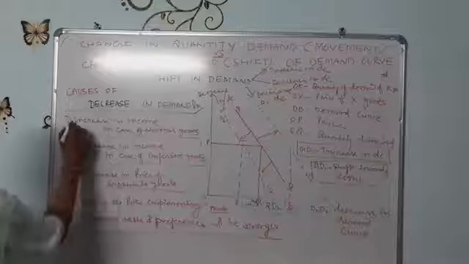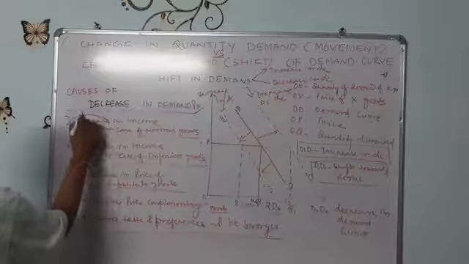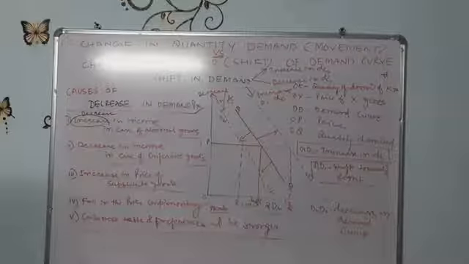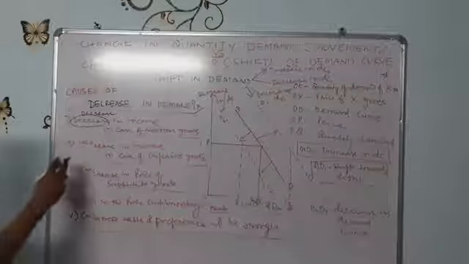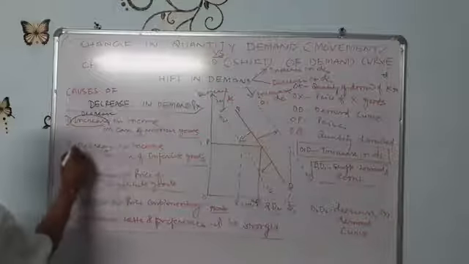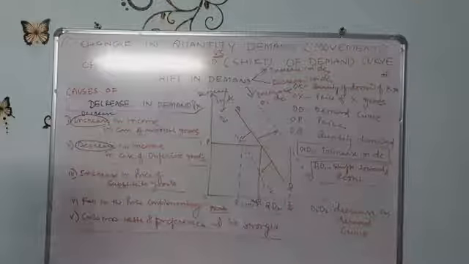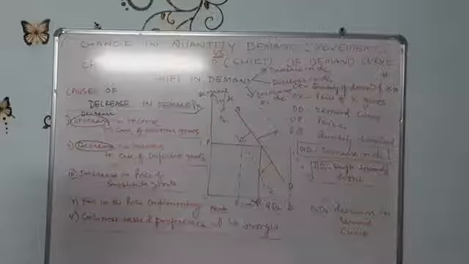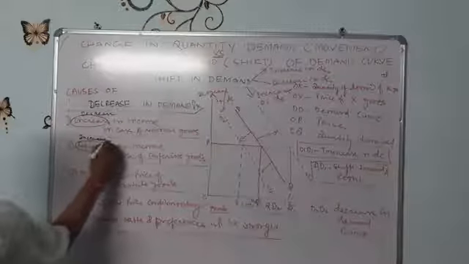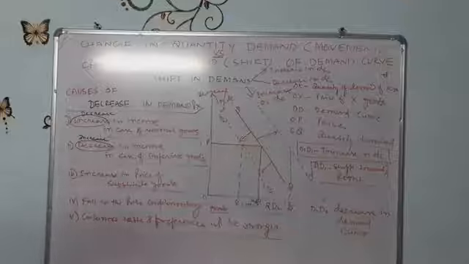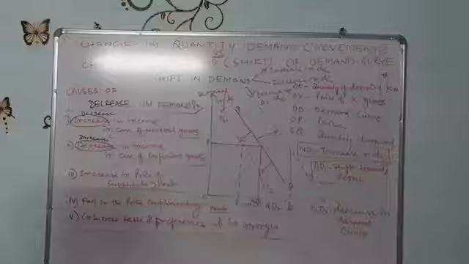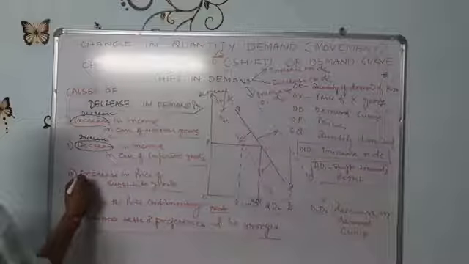Decrease in demand. So in place of increase, you will write decrease in income in case of normal goods. Here is the increase in income in case of inferior goods.